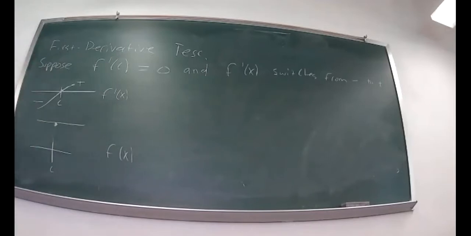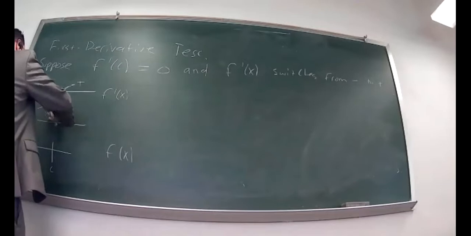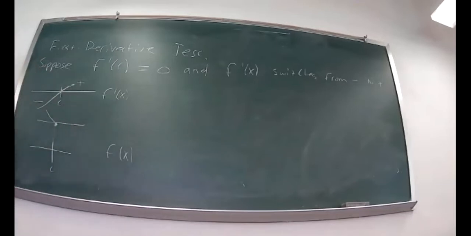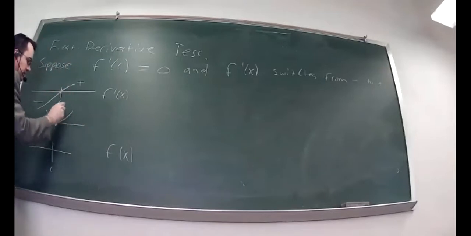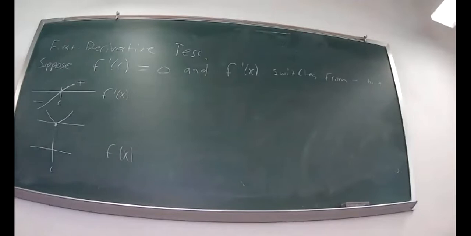But it also means that you were negative for these values of x less than c, so you must be a decreasing function, decreasing down to your horizontal tangent, and then you are positive for values of x bigger than c, so therefore your values must be increasing. So if your derivative is switching from negative to positive, your original function must have a local minimum at the point c.